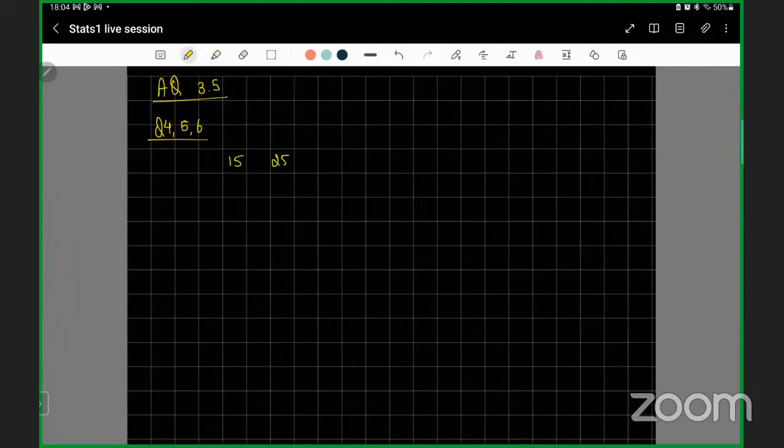Then second day it is 15, then 25, 35, 23, 54, 37, 42, 31, and 29. The first question, number 4, is find 9th percentile.